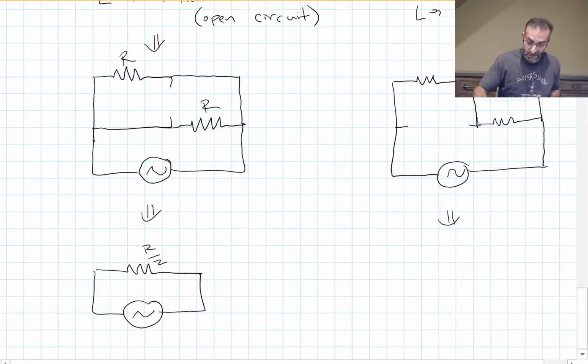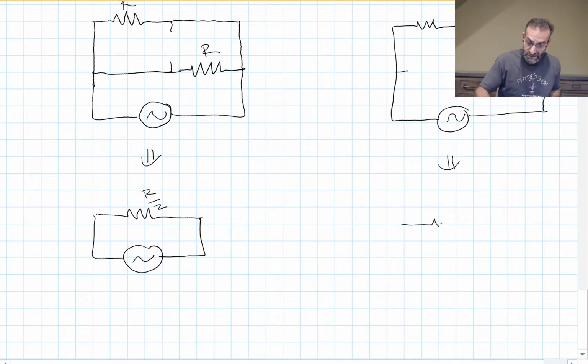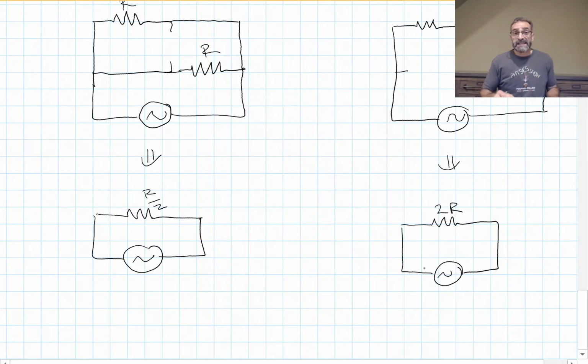So I could redraw this as an equivalent circuit with a resistance of 2R. So as we're changing the frequency that's being delivered to this circuit, the resistance of the circuit appears to change. In one case it's low, in the other case it's 4 times higher.